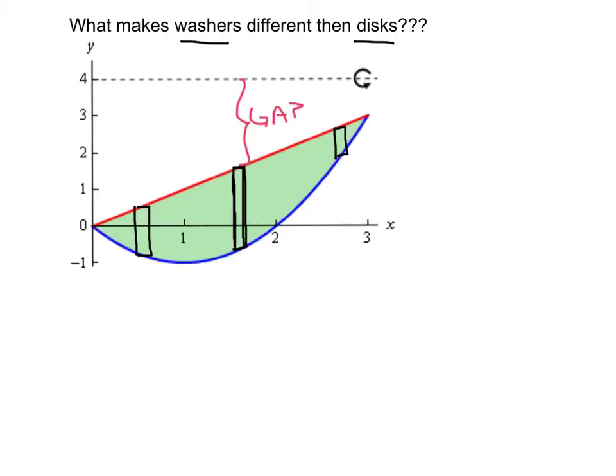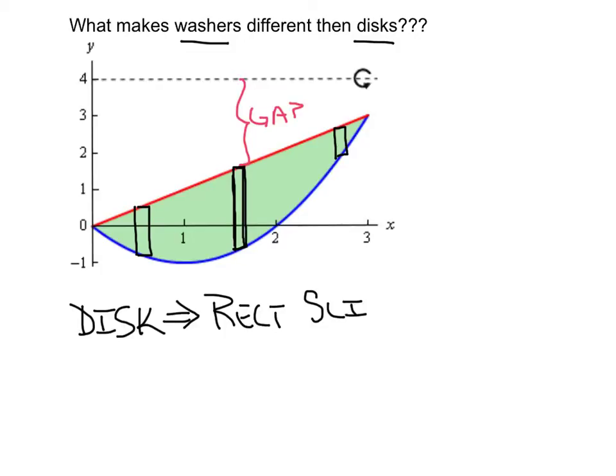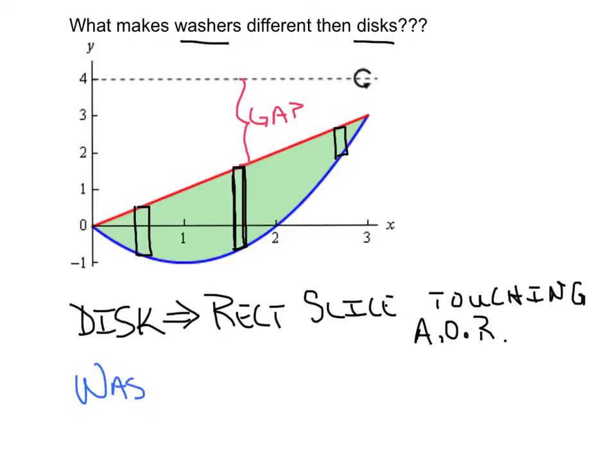So to recap, last night when we were doing a disc, our rectangular slice was touching the axis of rotation, AOR. So there was no gap whatsoever last night. Whereas tonight, with our washer, there's going to be a gap of some sort.